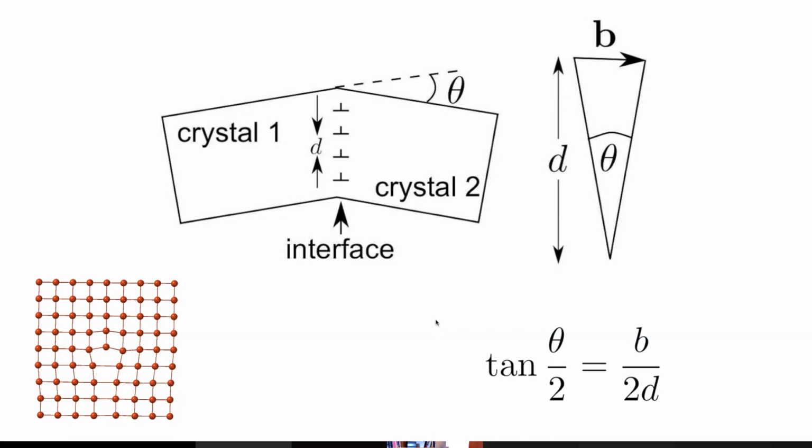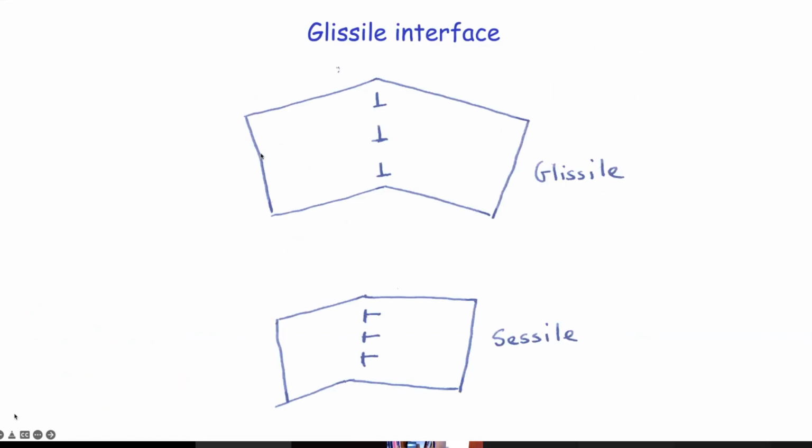This is just a geometrical relationship between the magnitude of the Burgers vector of the dislocation, the spacing in the interface, and the misorientation between these two sides. So if I have an array of dislocations like this, where the Burgers vector is pointing out of the plane of the interface, then of course this array of dislocations can glide, just like a dislocation gliding to achieve deformation.